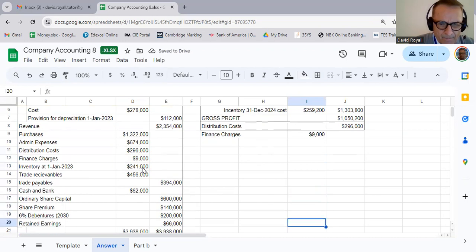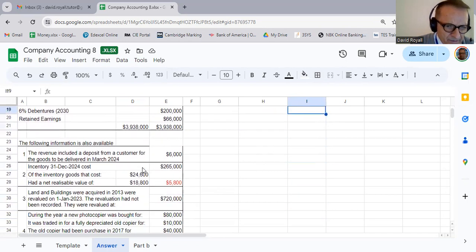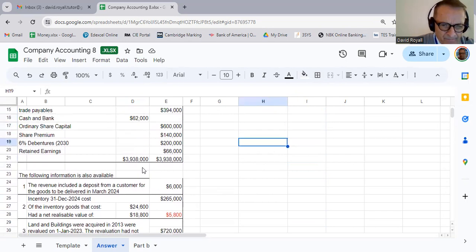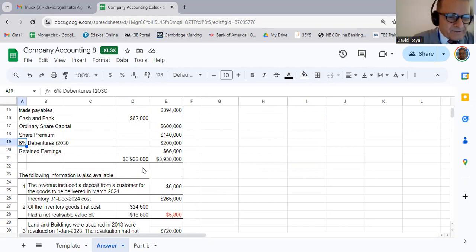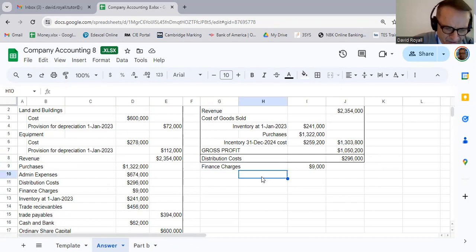But look, the debenture interest was not paid. Now, the question doesn't suggest that the financial charges was part of this. So I'm going to have to assume, no choice, that the debenture interest has not been paid. Now, this is an expense because it's borrowed money.